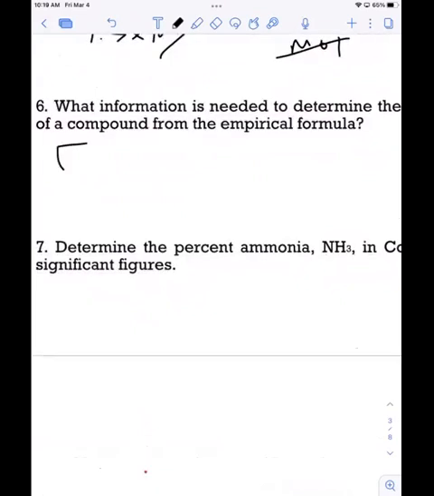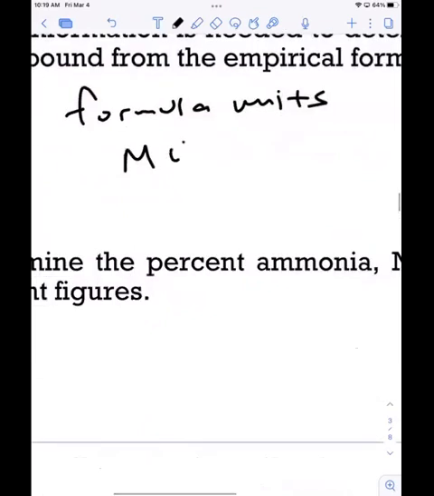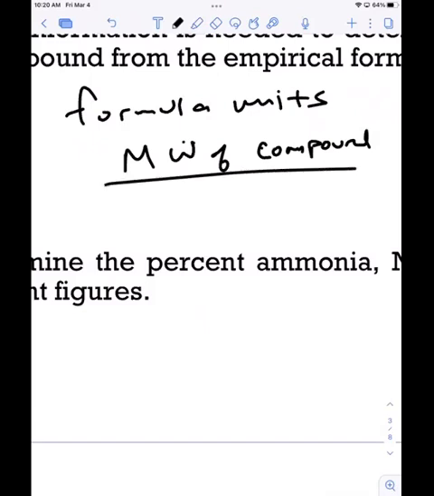It's the molecular weight of the compound divided by the molecular weight of the empirical formula.